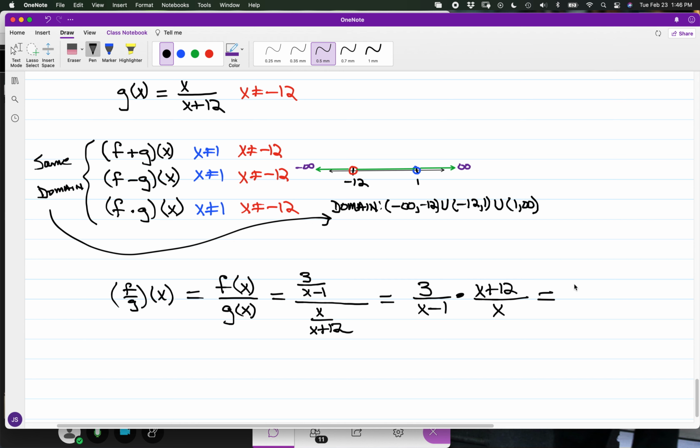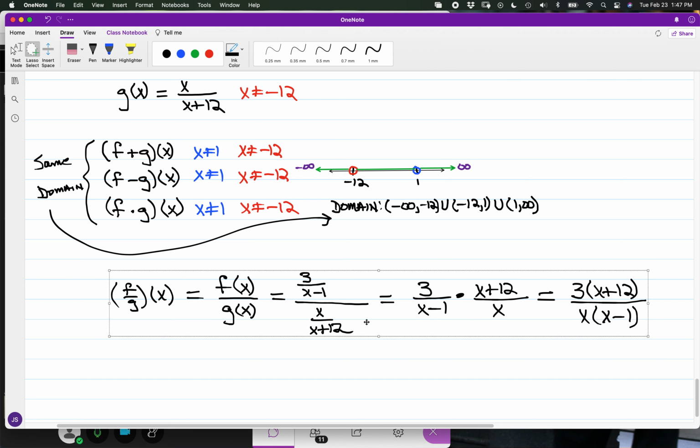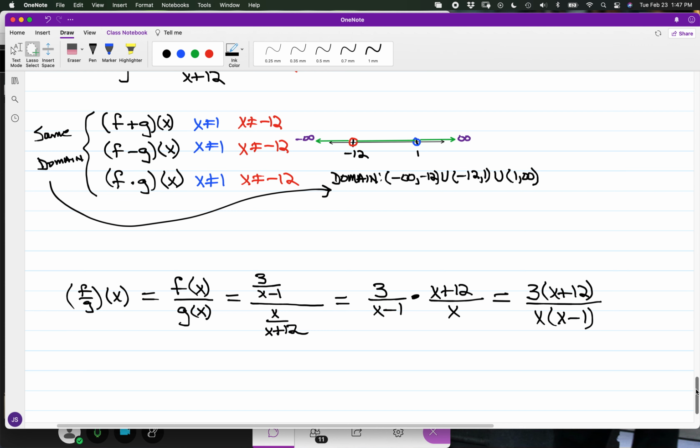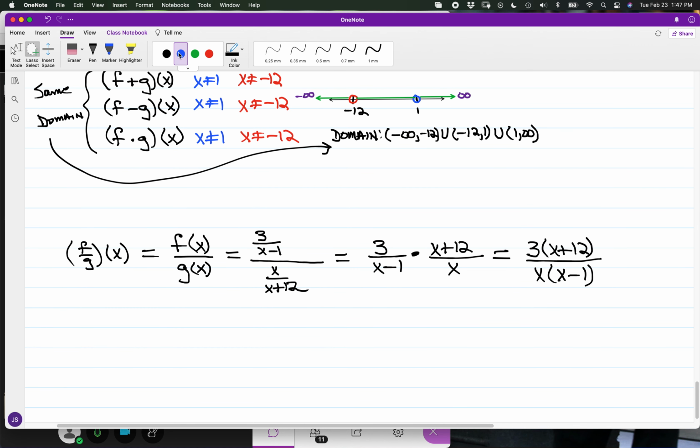So for the resulting quotient function, we have 3 times the quantity x plus 12, all over x minus 1 times x, or x times the quantity x minus 1. Now in terms of the restrictions, I'm still working with both f of x and g of x.